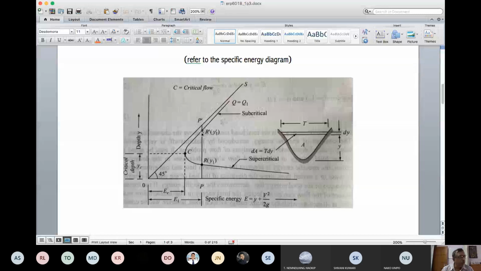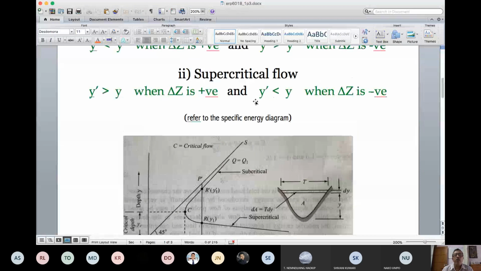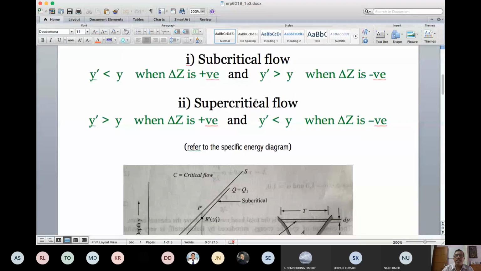So y dash will be less than y. Now, if it is opposite, that is delta z is negative, then you move up in the specific energy diagram for subcritical flow and y dash is greater than y.